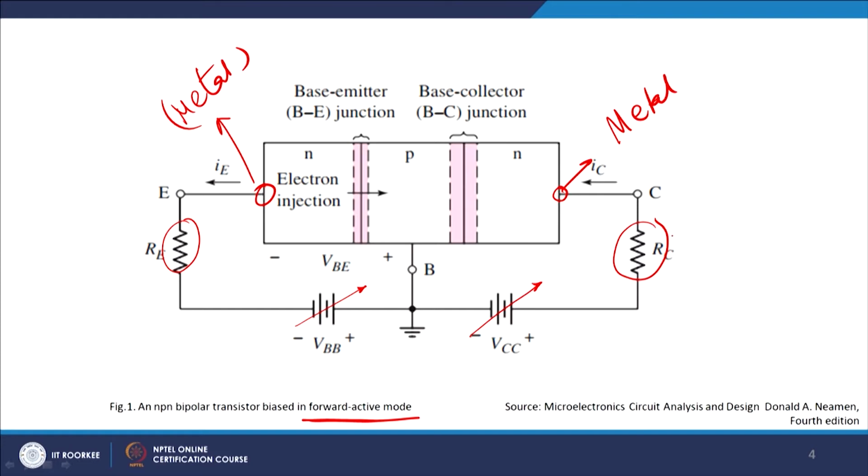Add up all those things and we get a collector resistance here, and we also get an emitter resistance here.